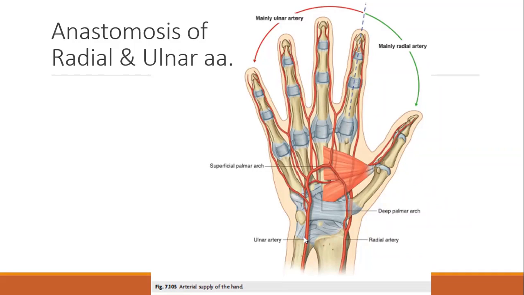So the arches represent an anastomosis of your ulnar and radial arteries. And then the arches themselves also anastomose here and then branch off as, I believe, proper digital arteries. And there's labeled pictures later that will show this. It's just that this one is so clear because I took away everything else except for these major structures to make it easier for you to see.